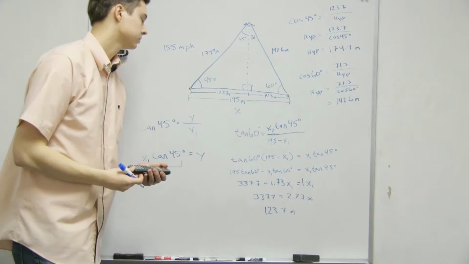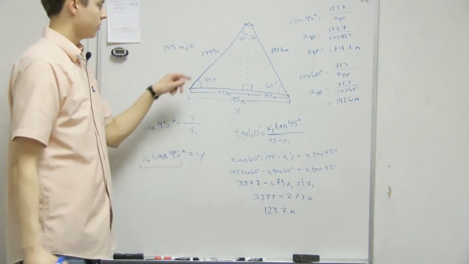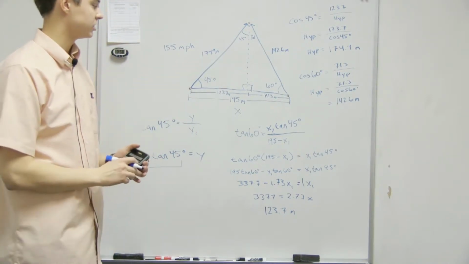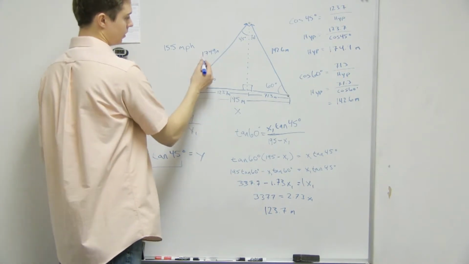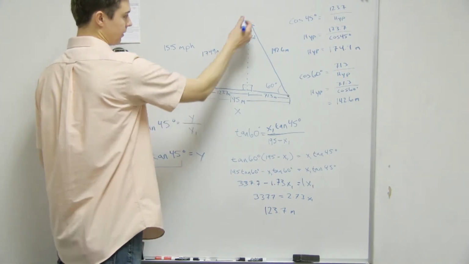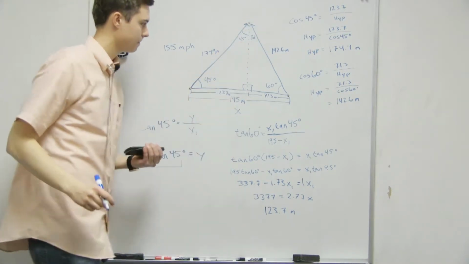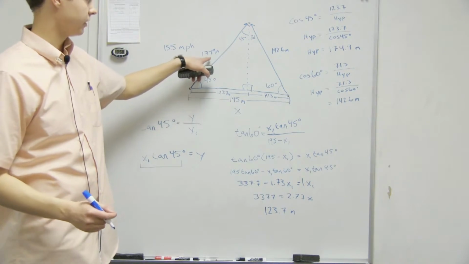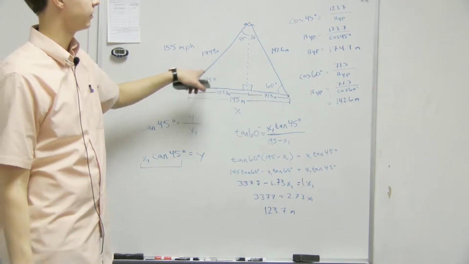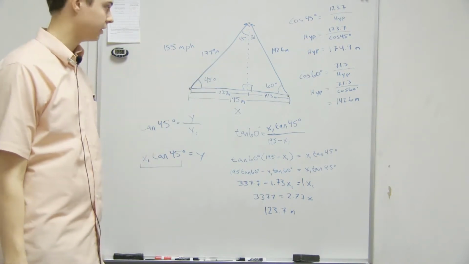Okay, so now we want to figure out how much time it took for this car to drive 174.9 meters to get to here. So in order to do that, we're going to either have to convert this into miles, or we're going to have to convert this into meters.